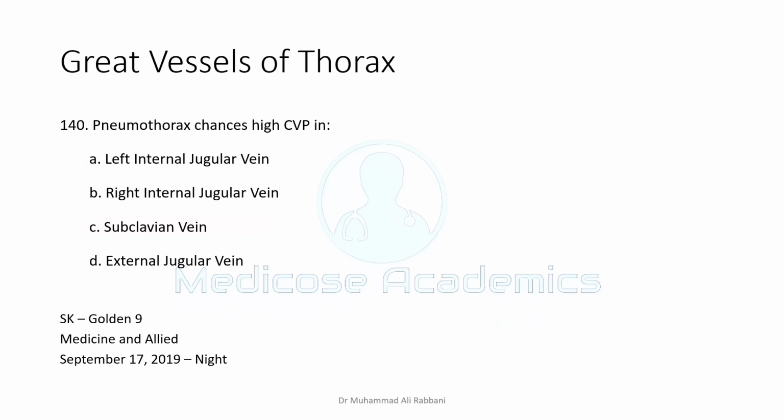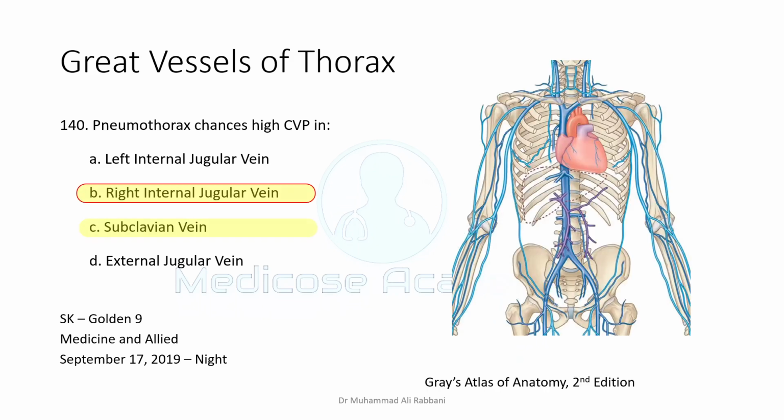Pneumothorax causes high CVP? When there is pneumothorax, there is less return to the heart. And for a person who has worked in anesthesia, you must know that you measure the CV line mostly through the clinical examination without passing the cannula, usually through the internal jugular vein. But when you pass the cannula, you can measure it through both the internal jugular vein and the subclavian vein. In the key, the answer mentioned was subclavian vein.